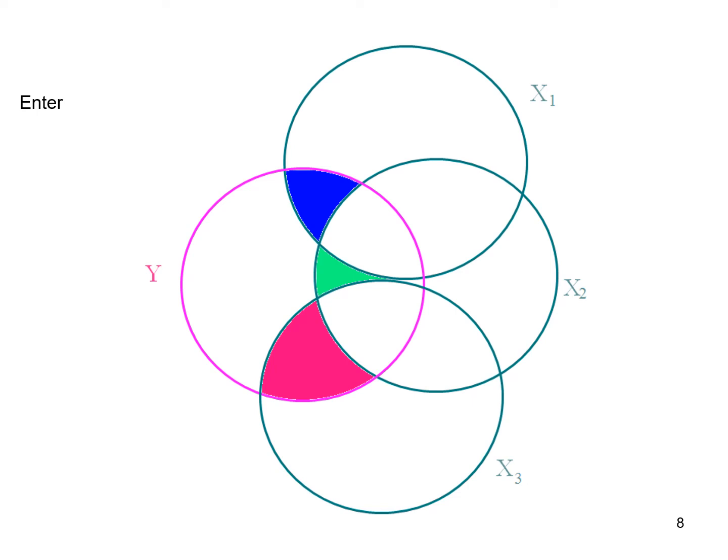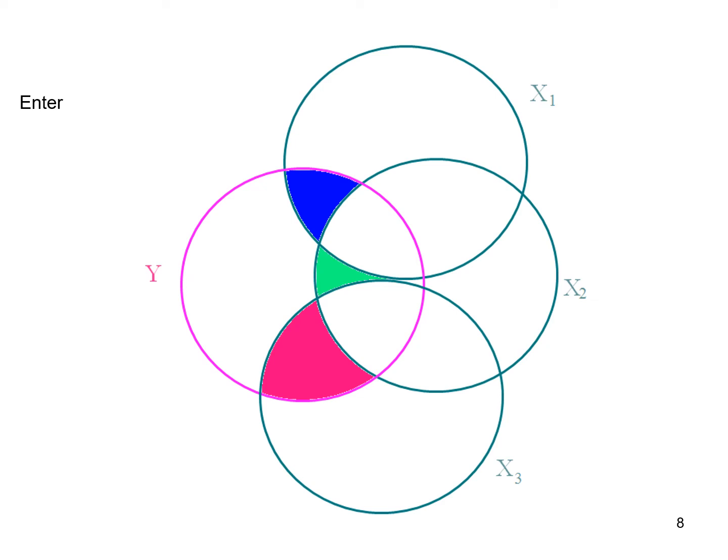So here's another example. Again, we have three predictors, x1, x2, and x3. Each one of these circles represents all of its variance. Y is our variable that we're predicting. In the enter method, enter is looking for unique variance based on the size of the relationship.